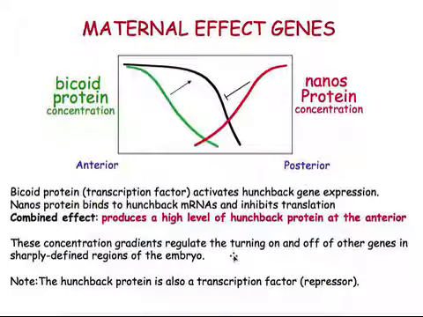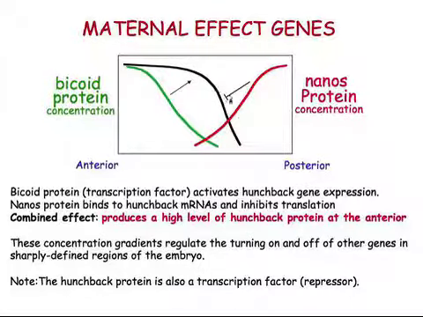So effectively, like I was saying, the bicoid protein activates hunchback gene expression, and the Nanos protein inhibits translation of the hunchback messenger RNA, leading to a different expression profile of another transcription factor.